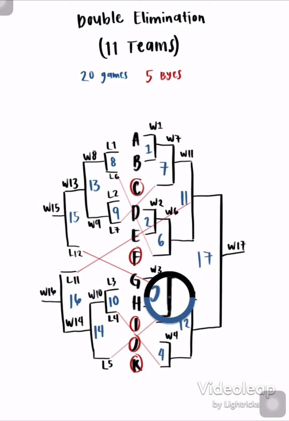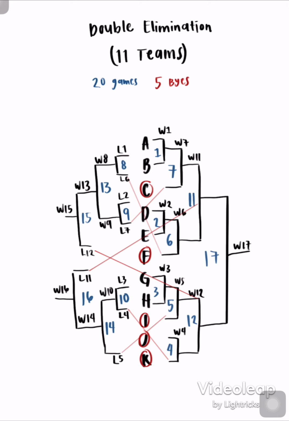Okay. So the winner from game 15 and the winner from game 16 will compete. Then this is going to be winner 18, since this is the 18th game.